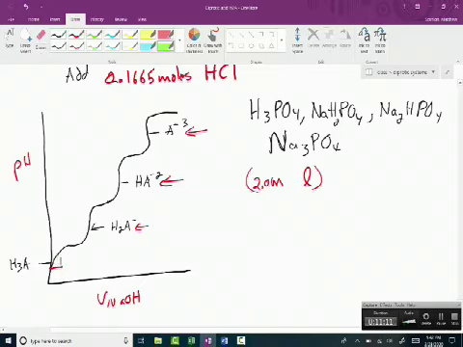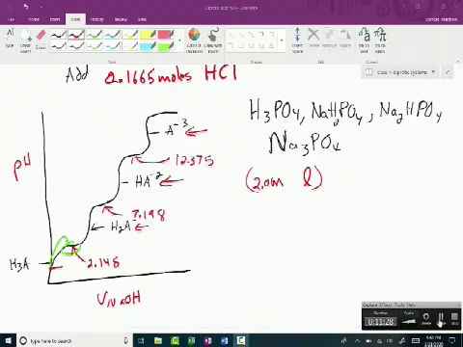And I could go from H3A to right here. I clicked on the wrong one. I could start with H3A and go to this pH range. In fact, I'll put the pHs in there. There are the pHs.